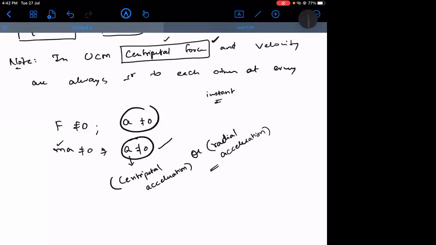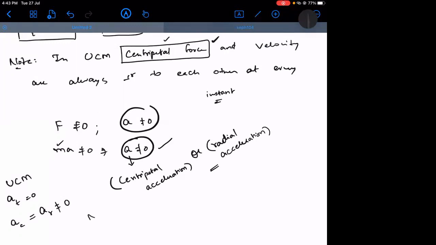So both mean the same. An important point to be noted here is in uniform circular motion, tangential acceleration is 0, whereas the centripetal acceleration is not equal to 0. I can write it like this also: centripetal acceleration is equal to radial acceleration is not equal to 0.